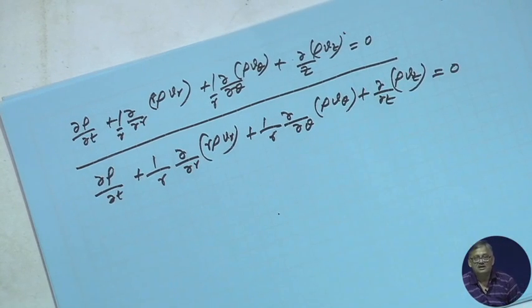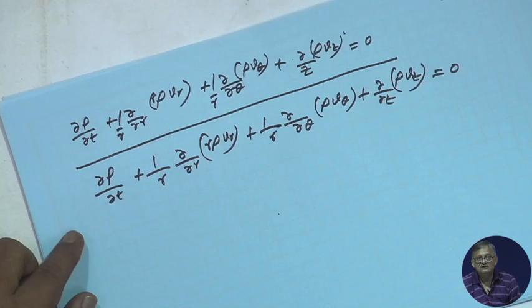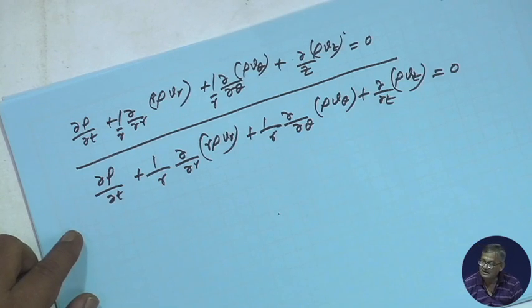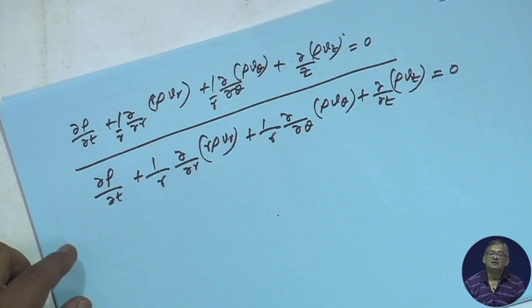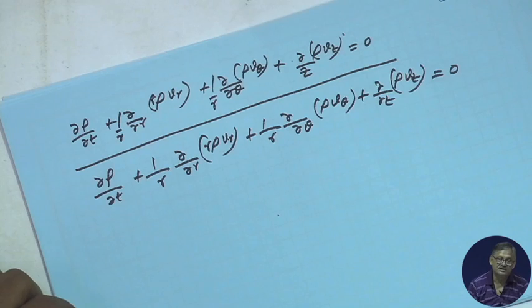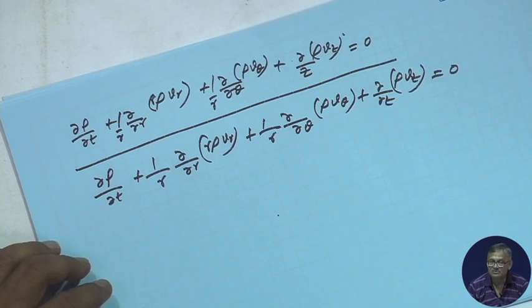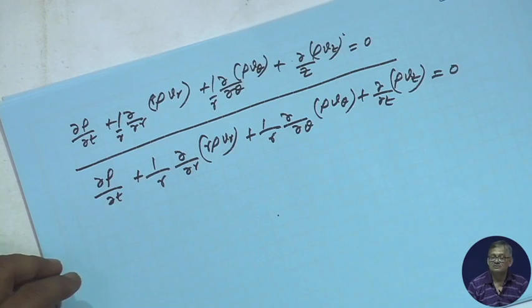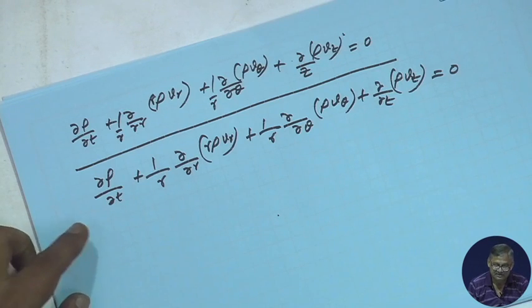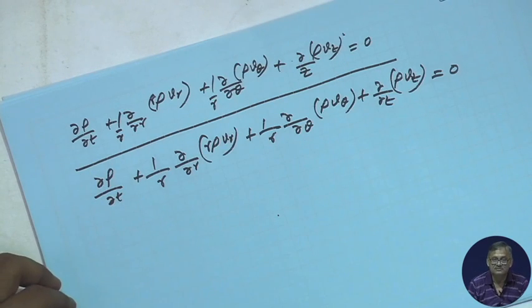This is the equation of continuity for the cylindrical coordinate, that is r theta z. This is quite different from what we had done for the xyz, the Cartesian coordinate. So many additional terms have come.